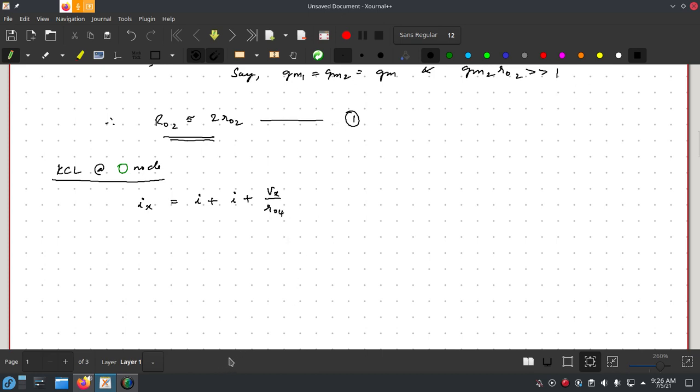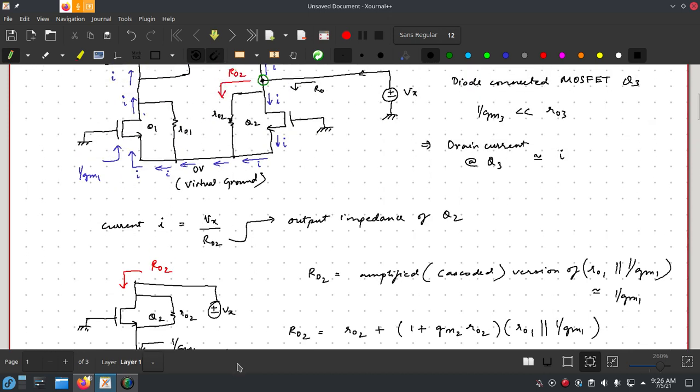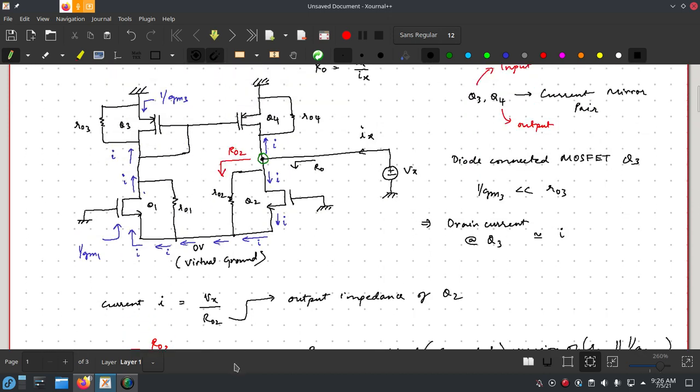How? Ix is the current which is entering that node. You have one I here, another I here, and the current which is flowing through r04. So Ix will be I plus Vx divided by r04. Why? Because if you apply a voltage between these 2 points, that is Vx only, right? This part is also ground, this part is also ground, so the voltage drop across r04 will be Vx only.